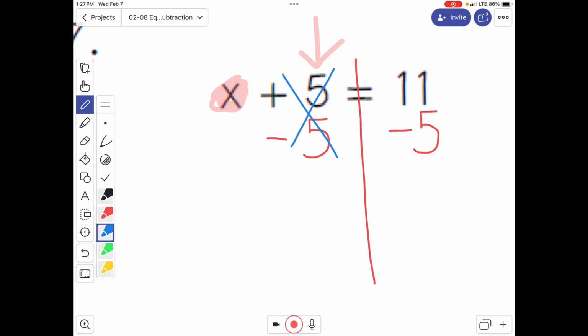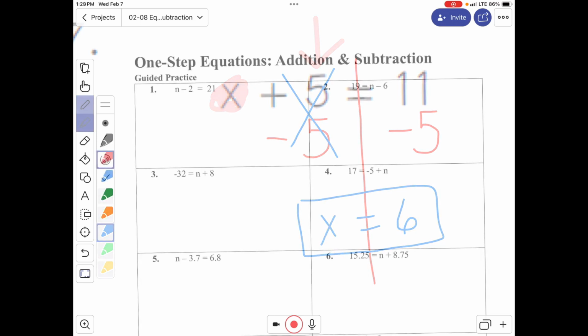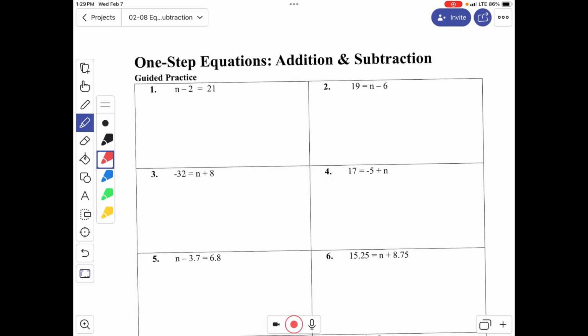They would make 0, so they're canceled. And the only thing left now is the variable. Equal sign comes straight down on the wall. And 11 minus 5 is 6. So x equals 6.